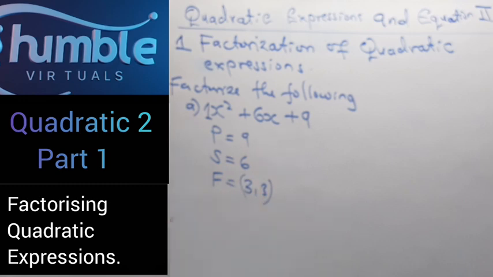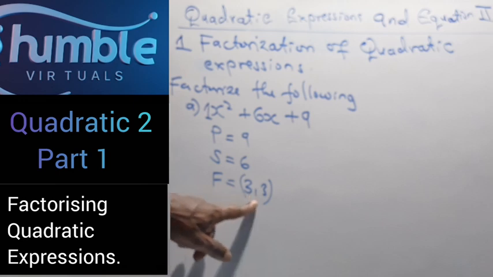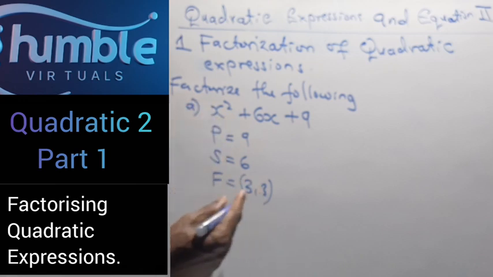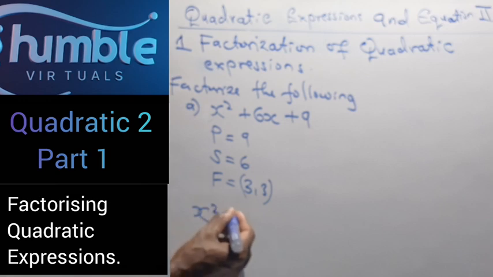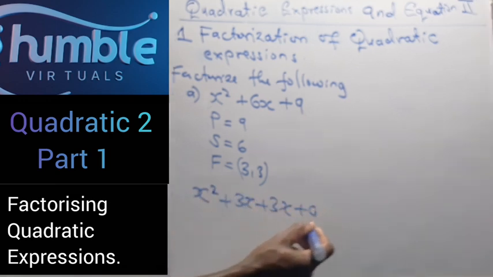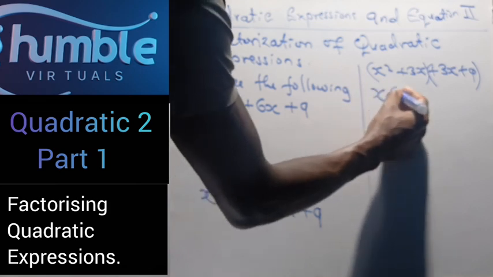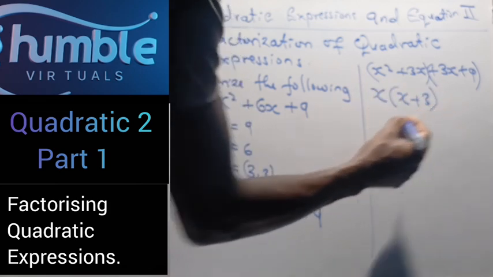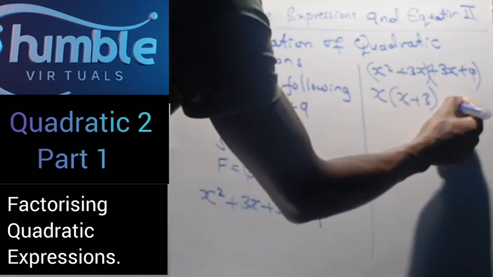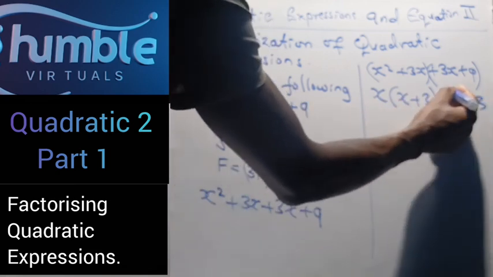I want to believe that you know what to do with these factors. Normally these factors substitute the sum part. So we shall now have x squared plus 3x plus 3x plus 9. We have x outside into x plus 3. Then this bracket will be maintained also on this other side, x plus 3.